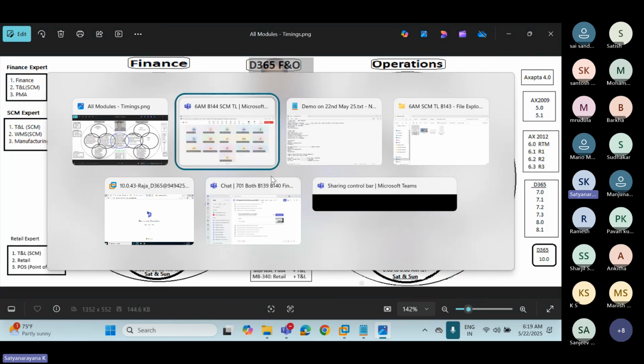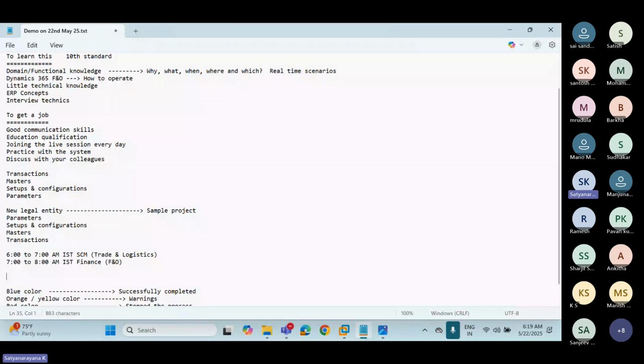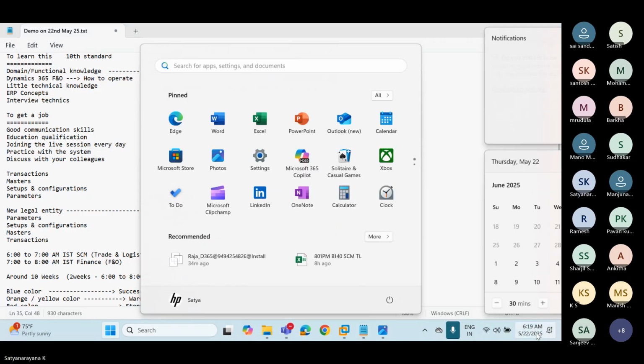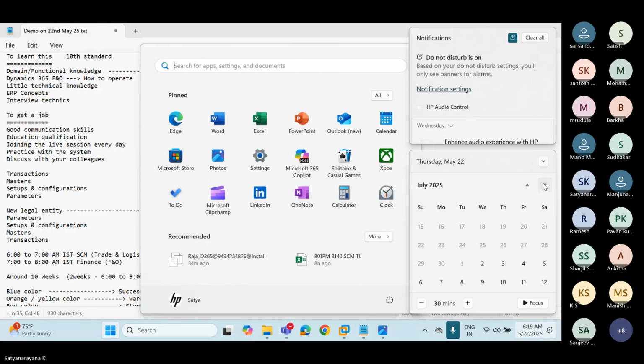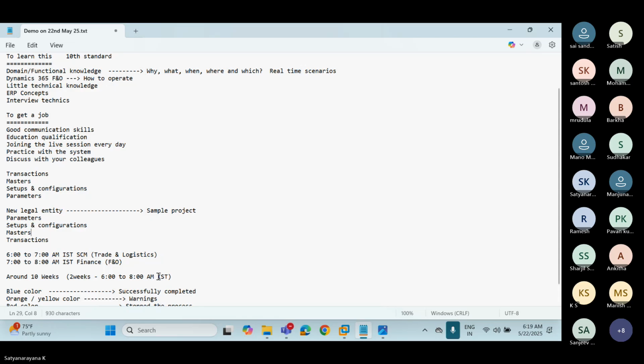The session will be around 10 weeks. In these 10 weeks, for 2 weeks you need to join 6 to 8 AM IST, when I will combine both finance and SCM teams, in the July first week and second week.